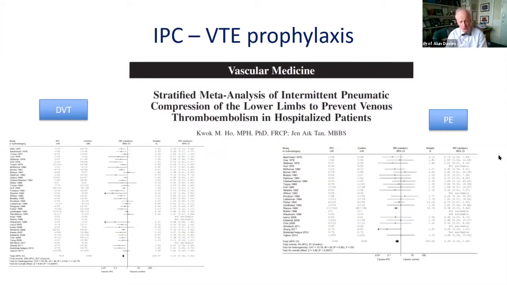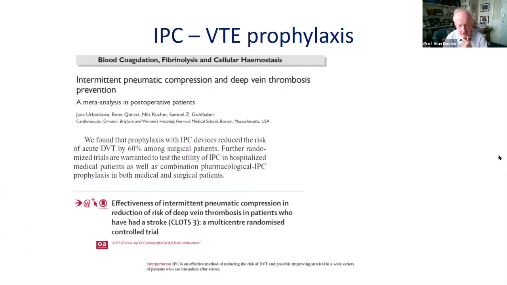If we look at the data for intermittent pneumatic compression, this was an analysis done about 2 or 3 years ago, and I apologize for the very busy slide, but you can see I've highlighted it for DVT and PE. You can see very clearly that there is evidence from the forest plot suggesting that there's undoubtedly a benefit from pneumatic compression compared to no pneumatic compression alone.